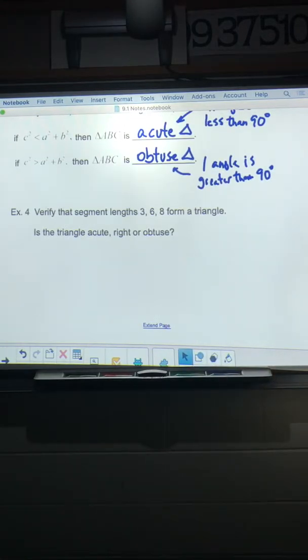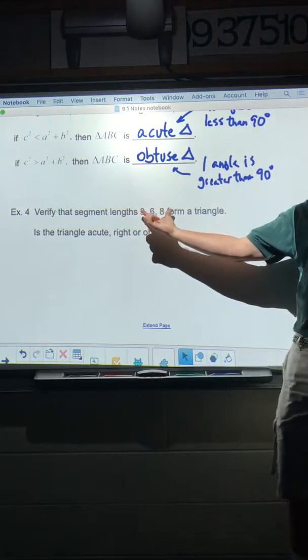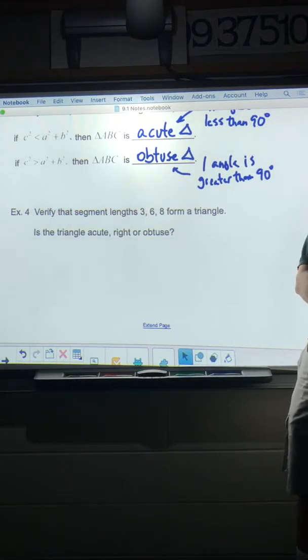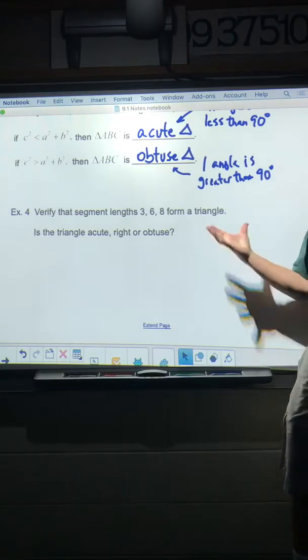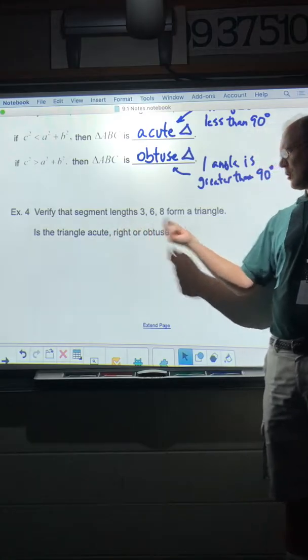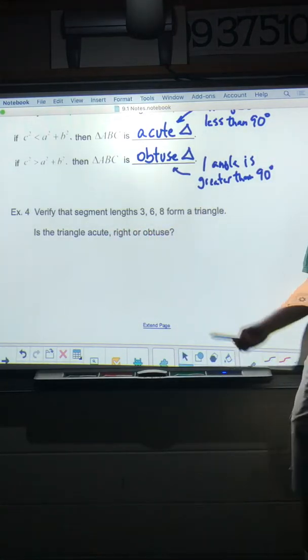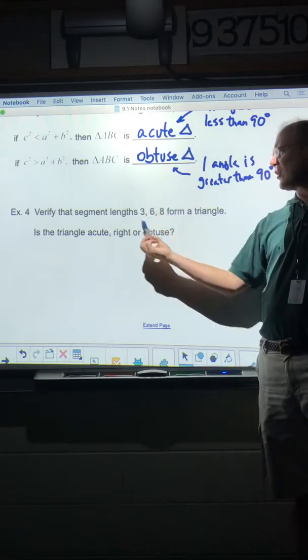Okay, so our final example here. Verify that these segment lengths form a triangle. Then decide if the triangle is acute, right, or obtuse. Okay, so determine if it's a triangle or not.